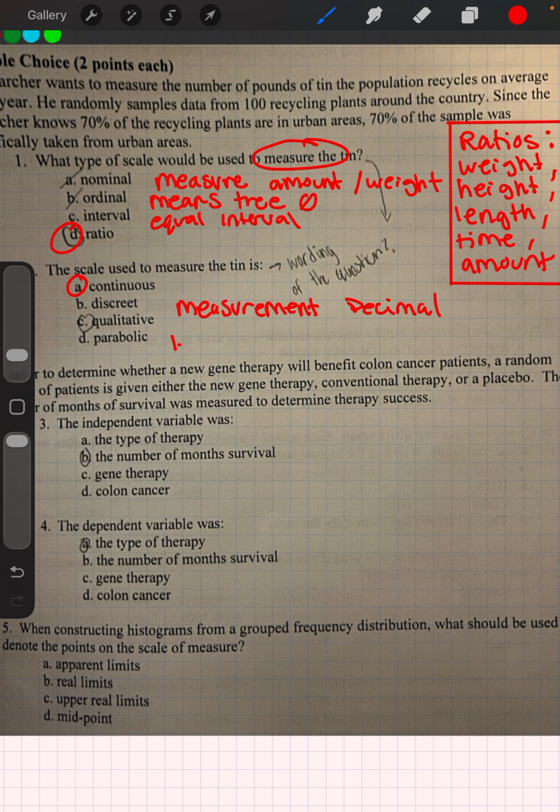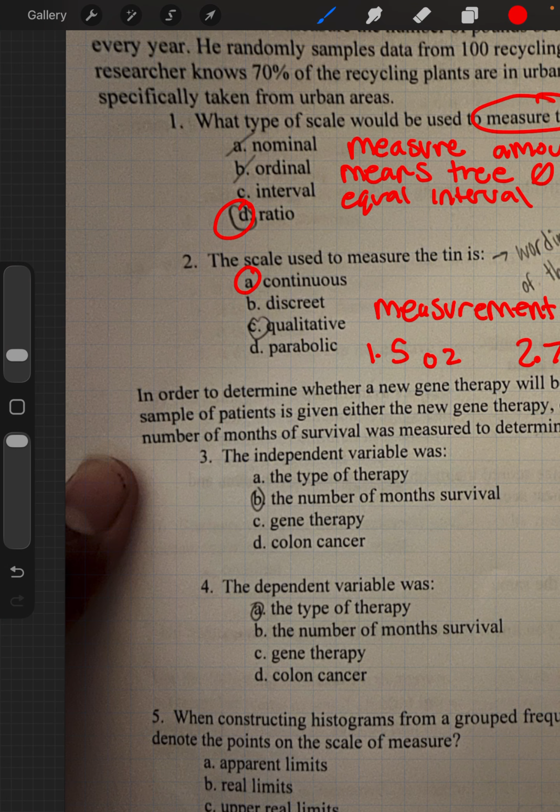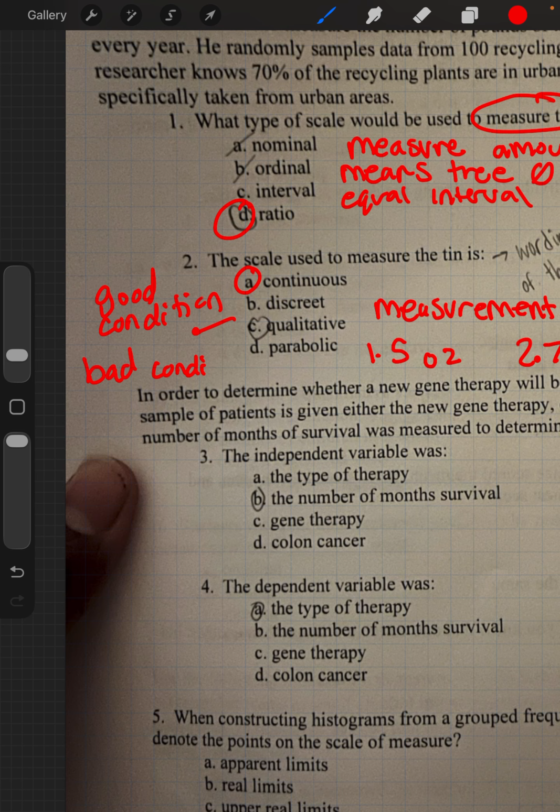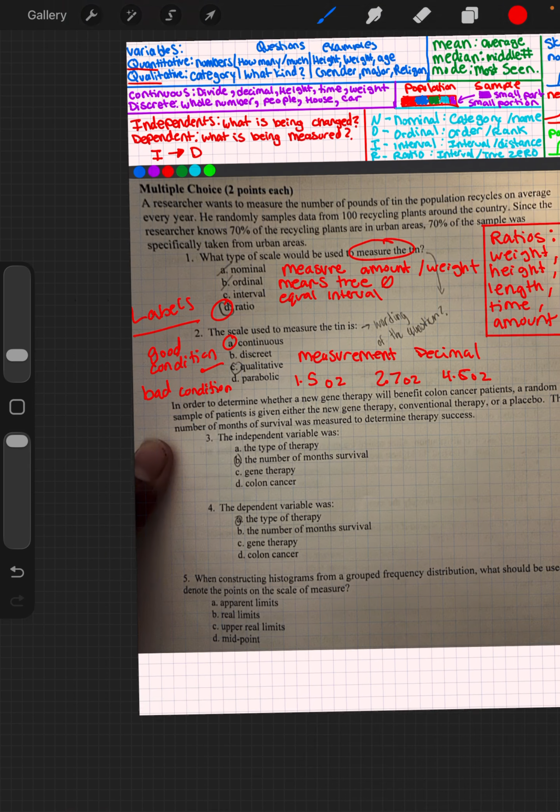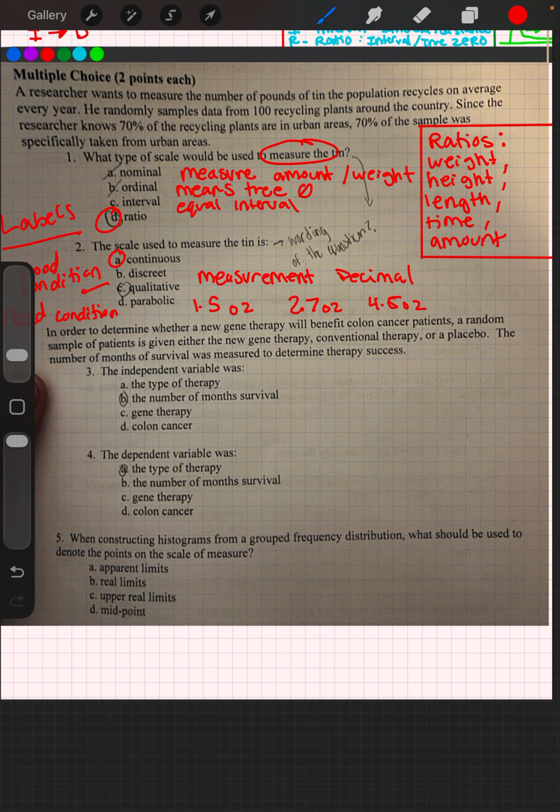It could be 1.5, let's say ounces, or 2.7 ounces, or 4.5 ounces. Qualitative would mean, is it in good condition or bad condition? It would mean labels. I hope that helps.